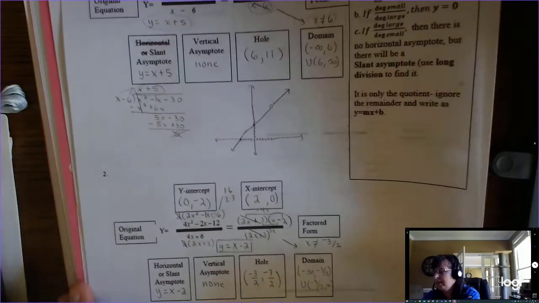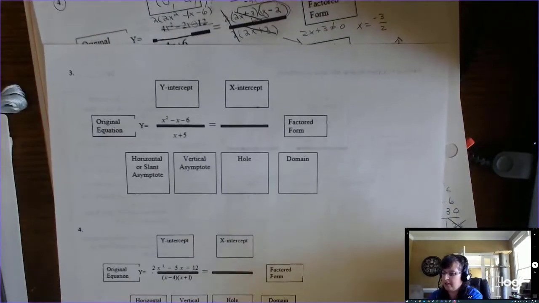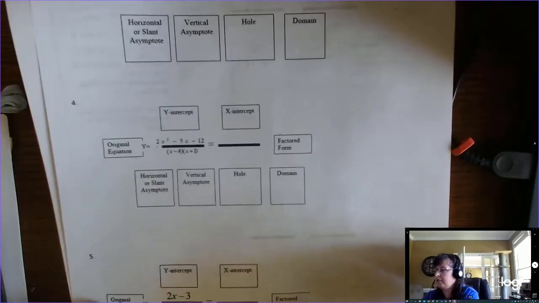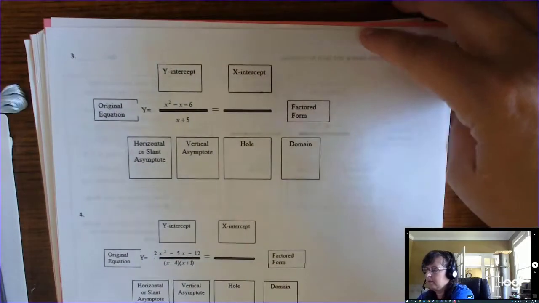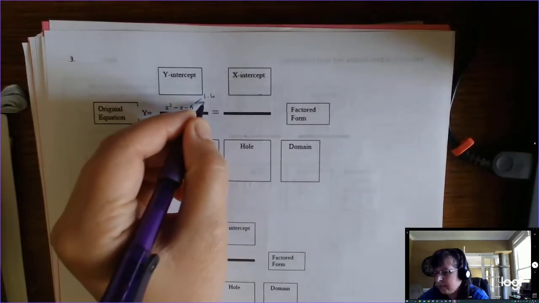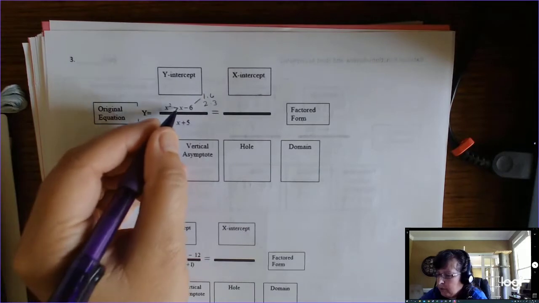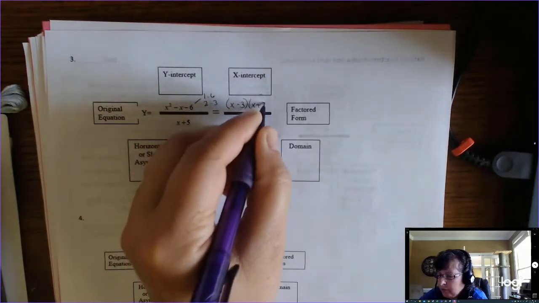Okay, so those are two interesting ones where the slant asymptote is the reduced function, but that doesn't happen all the time. So let's take a look at number 3. So we have to factor. So factors of 6, 1 and 6, 2 and 3, that subtract to be 1 would be x minus 3, x plus 2 over x plus 5.